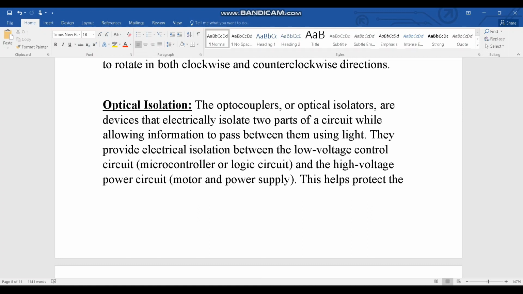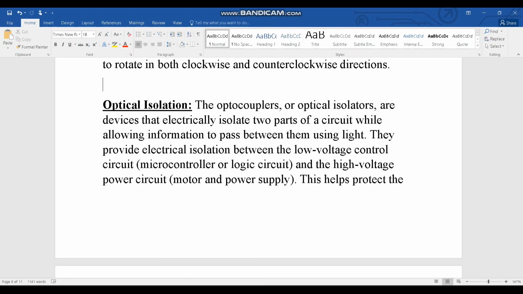Now I will be showing you the optical isolation. How does the PC817 optocoupler that we use work? What happens is that it electrically isolates the two parts, like there is a gap in the component.